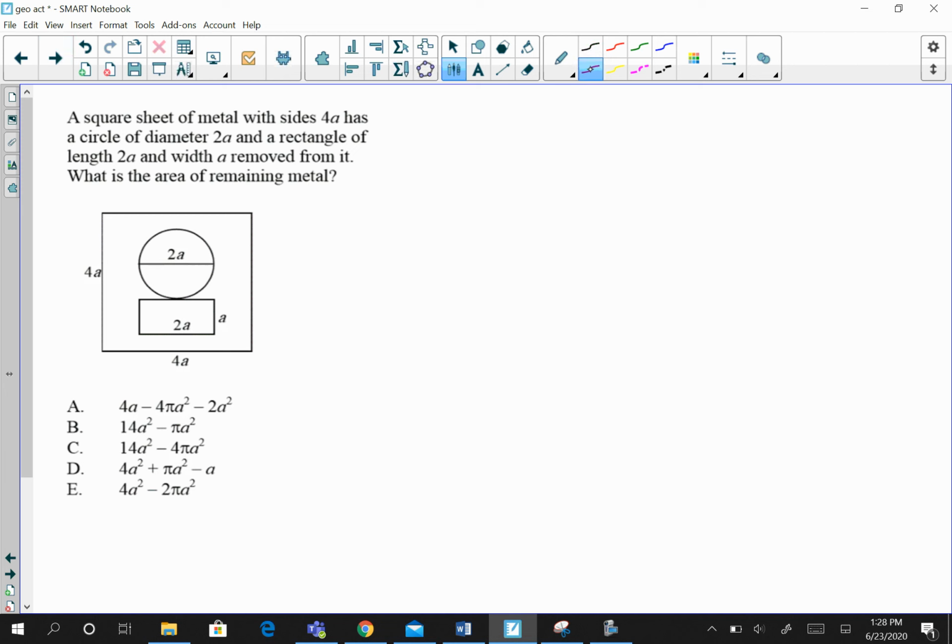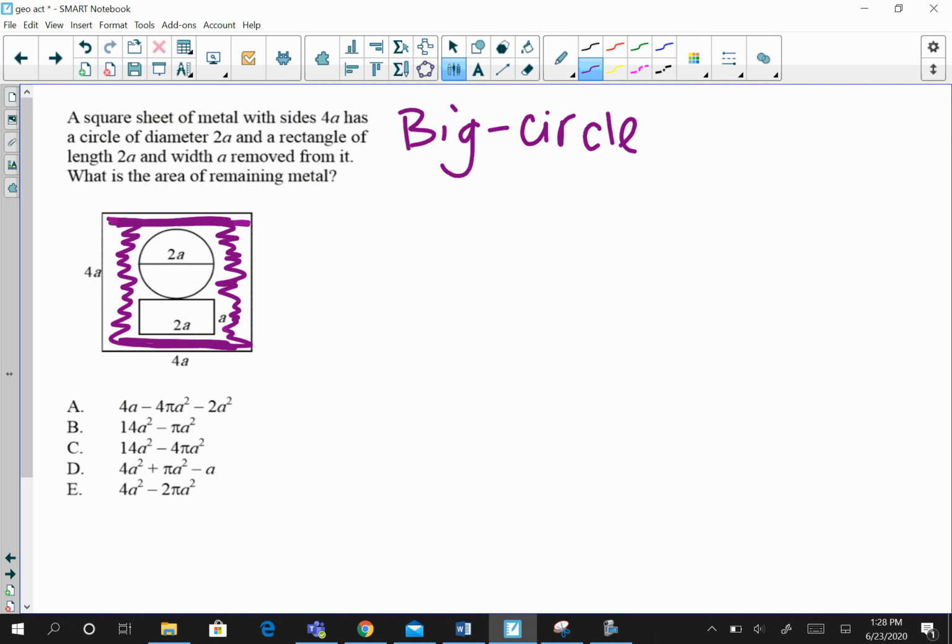Okay, so all I want is what is in this bigger rectangle that is not the circle or the smaller rectangle. So you want to do big rectangle minus the circle minus the small rectangle. That means I need to know what all of these areas are.